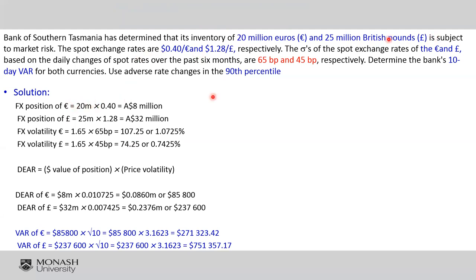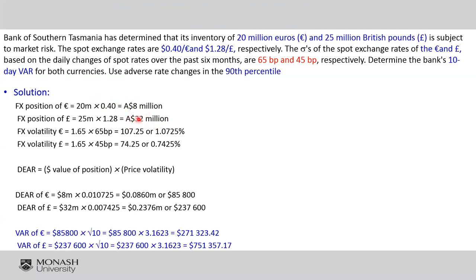And I have the exchange rates, which are 40 cents and 1.28. Maybe this 40 cents is not actually realistic for the euro, but just take it like that. So we have $8 million actually, and we have 32 million. Now we transfer this to Aussies, or the Australian dollars.